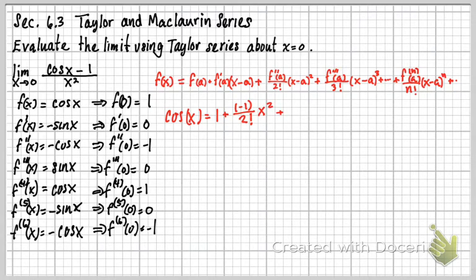Plus negative 1 squared over 4 factorial x to the 4th. Now keep in mind here, I'm skipping the third because it's 0.